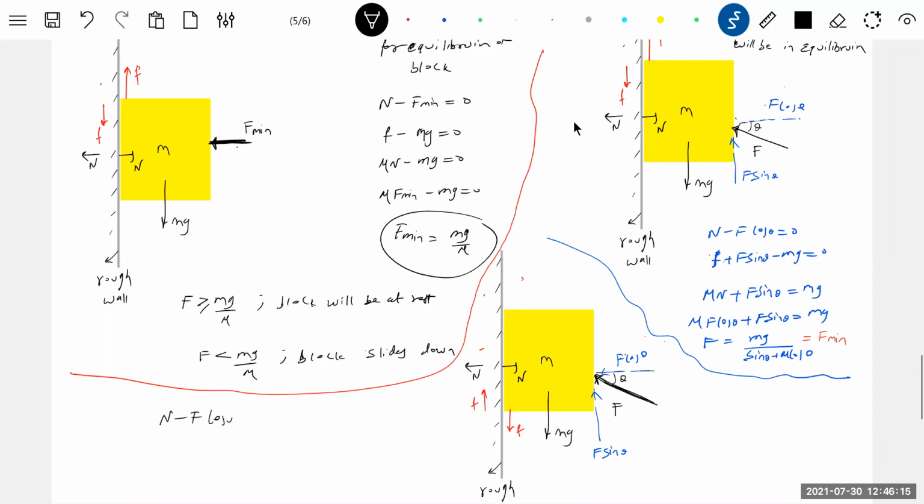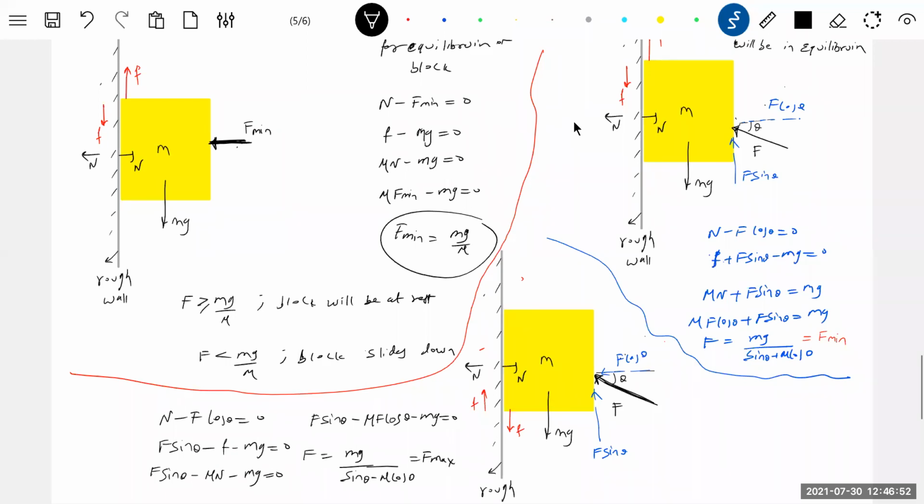N minus F cos theta equals 0, F sin theta minus f minus mg equals 0. Looking at the equations, I can call it F max.